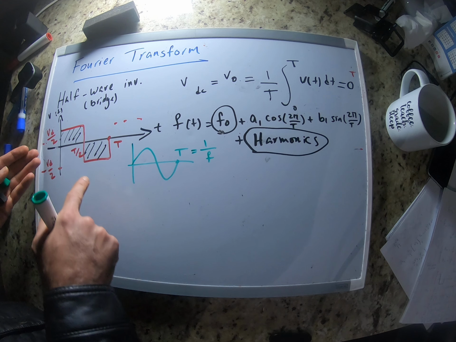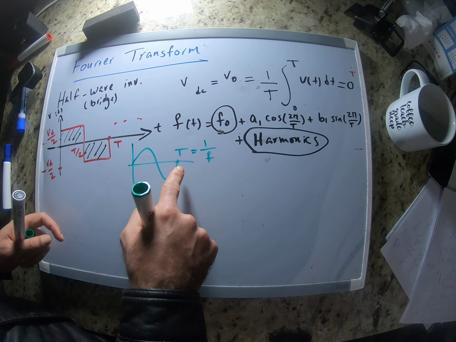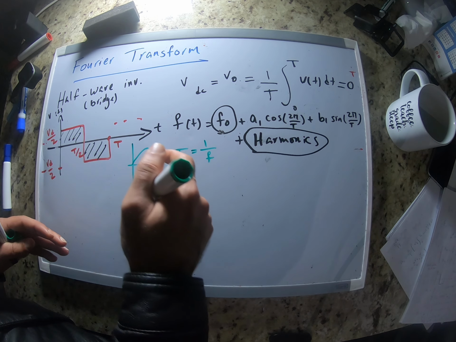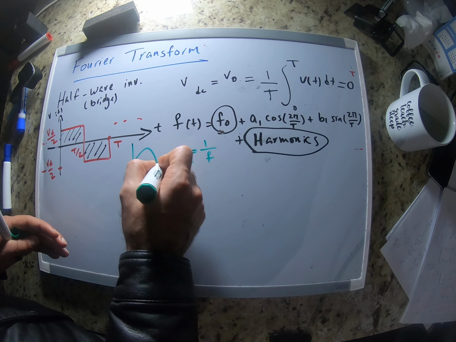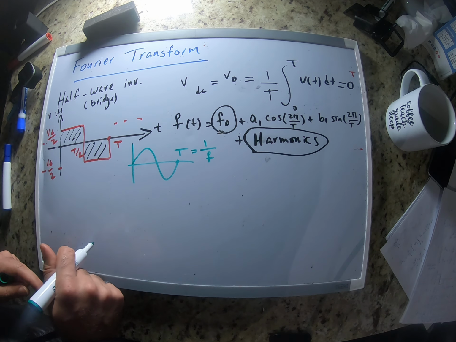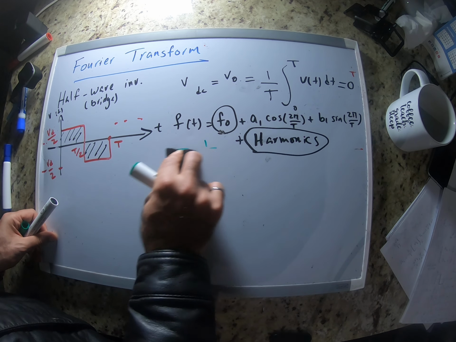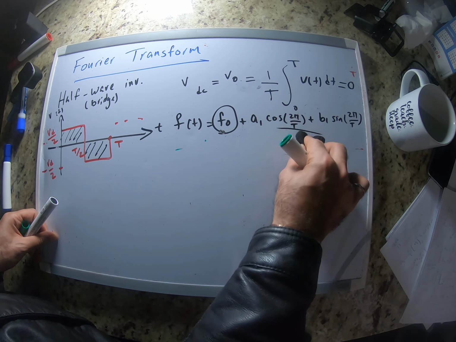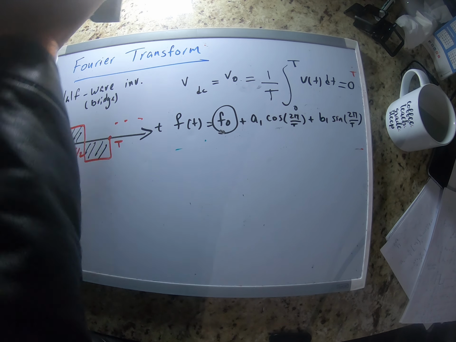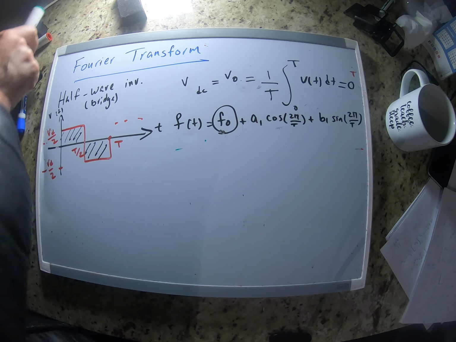But this signal has the fundamental component. In addition to that, it has some higher order harmonics, right? So right now, I just want to find A1 and B1. Okay, so let's do that.